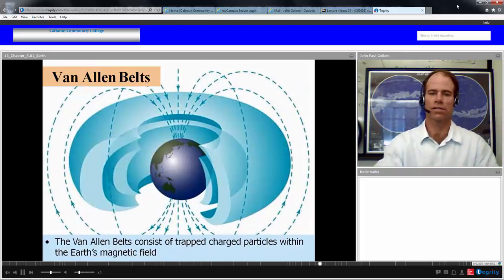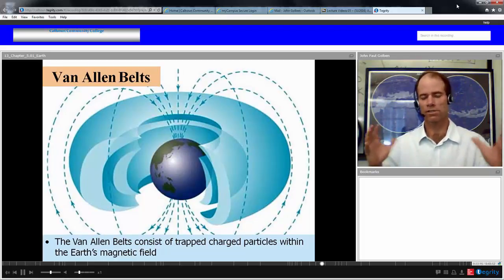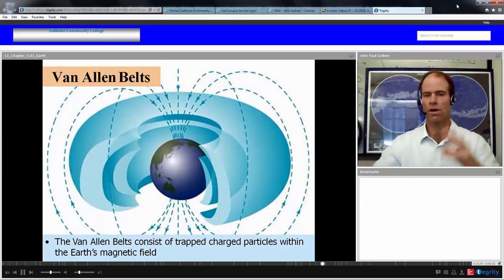So the charged particles that are incident on the Earth are being trapped, some of them within these donut-shaped areas. And if you were an astronaut, you wouldn't want to be in those areas because you'd be exposed to greater radiation, greater charged particles like protons moving around. Would not be a good thing. So astronauts try to avoid those.